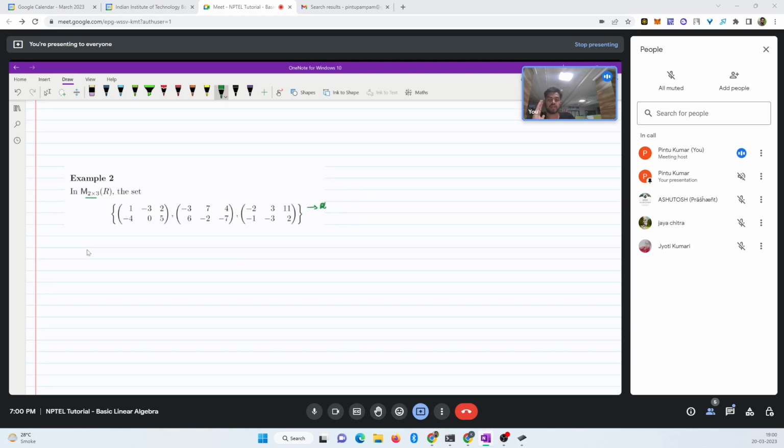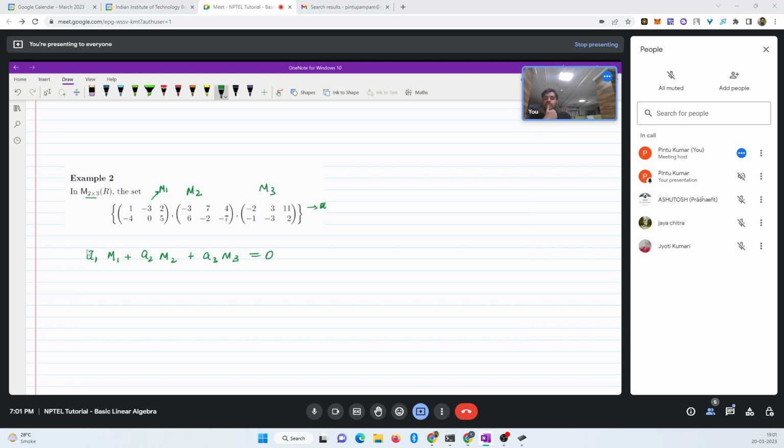We will have to use the definition of linear dependence and independence. Let's name these matrices M1, M2, and M3. So A1 M1 plus A2 M2 plus A3 M3 equal to 0.